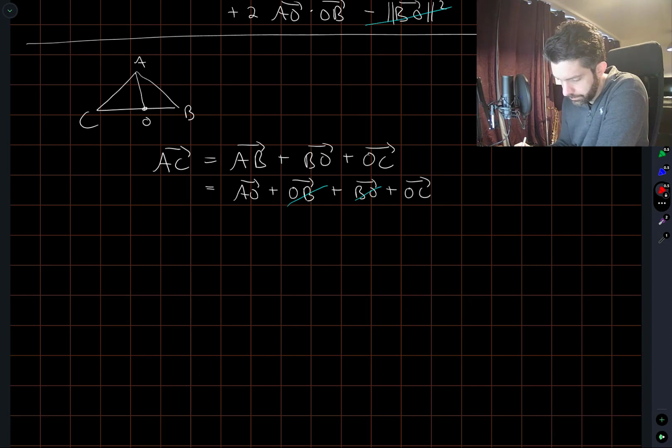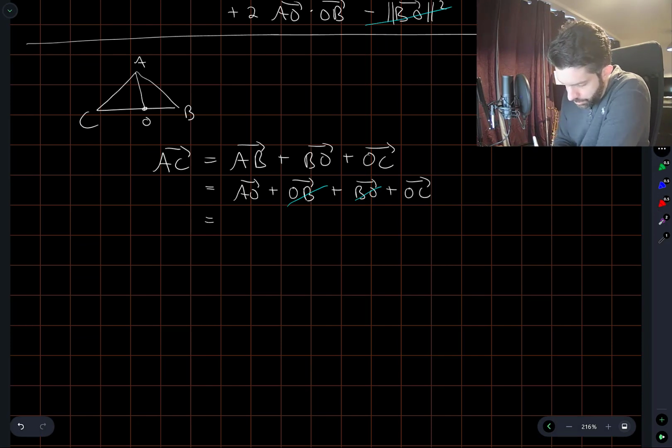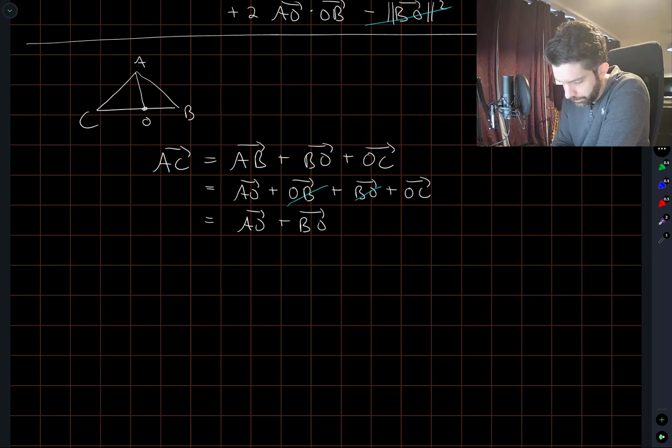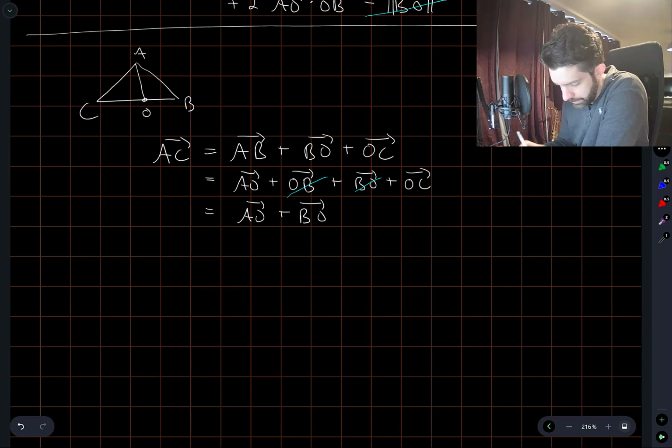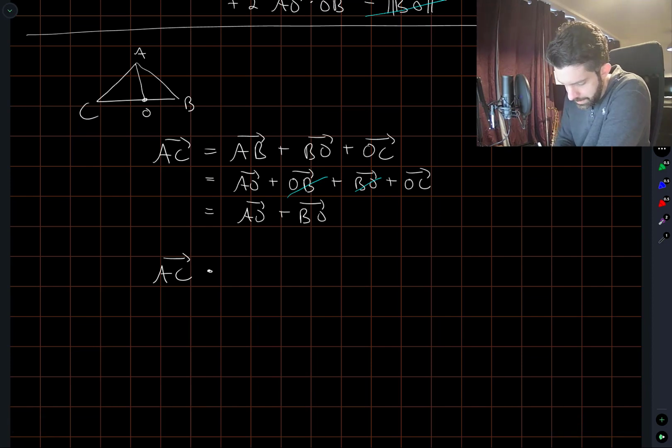OB plus BO is 0. And OC is the same as BO. So we're saying then that AC is equal to AO plus BO. And yeah, that is correct. Okay, and I want to take AC dot AB.